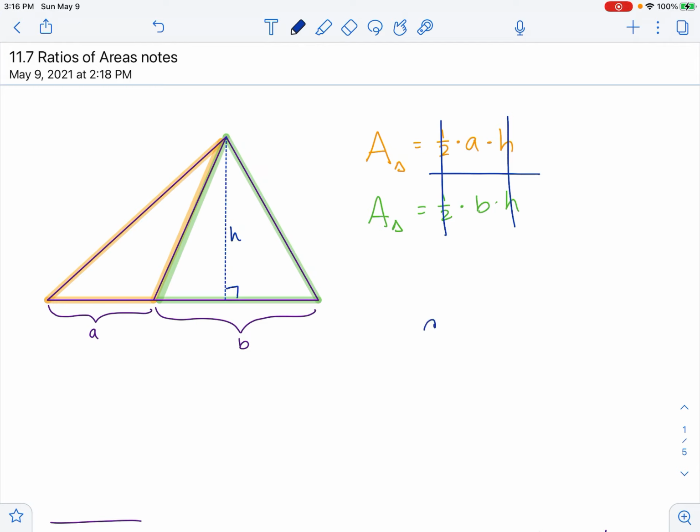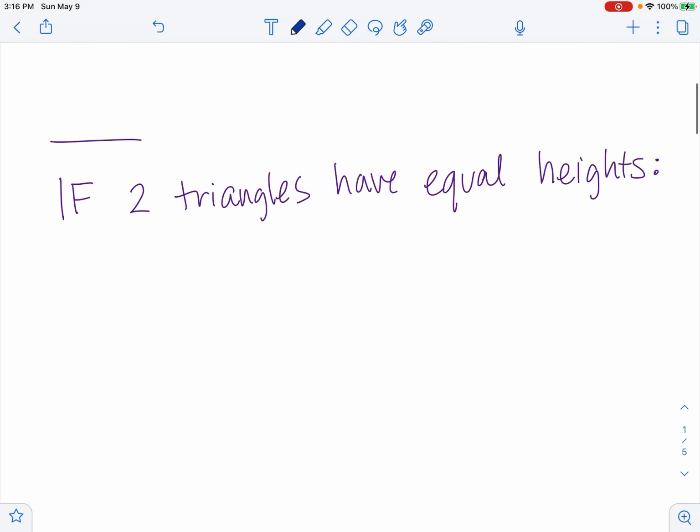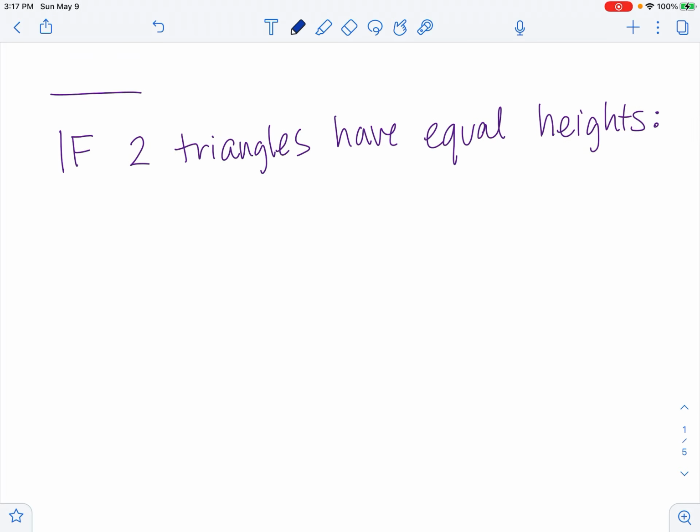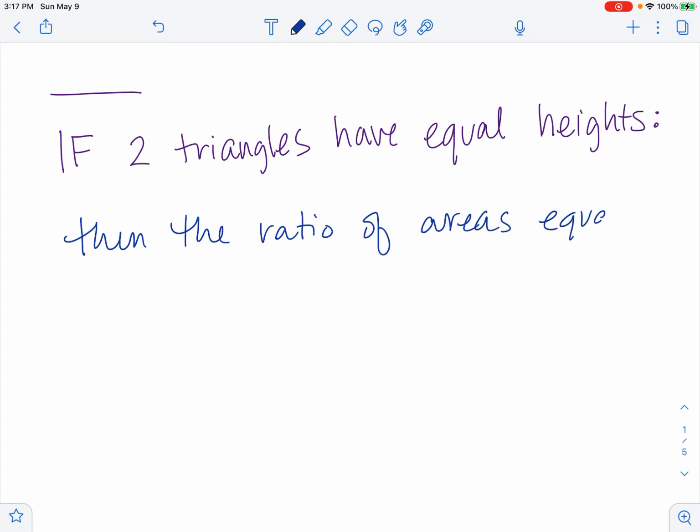The ratio is A to B. Well, we can formalize this and we can say if two triangles have equal heights, then we know that the ratio of their areas is exactly the ratio of their bases. And I could just skip all that work that I just did where I actually figured out what those two areas were.